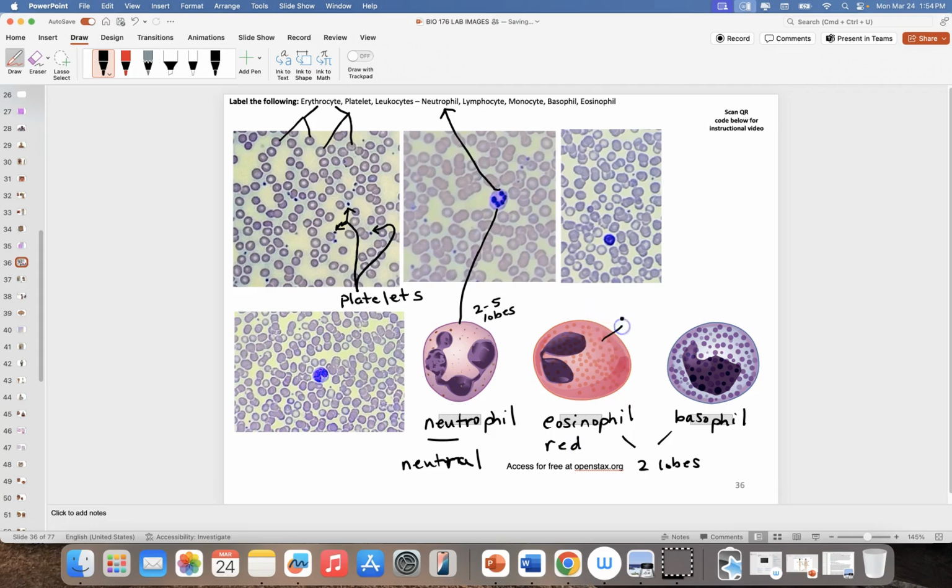So that means that we're going to have red cytoplasm, and the granules here you can see have taken on that reddish color. The basophil, again, the nucleus has 2 lobes, although sometimes it's hard to see because the granules are going to stain really dark. So this is going to have a dark stain in the cytoplasm.